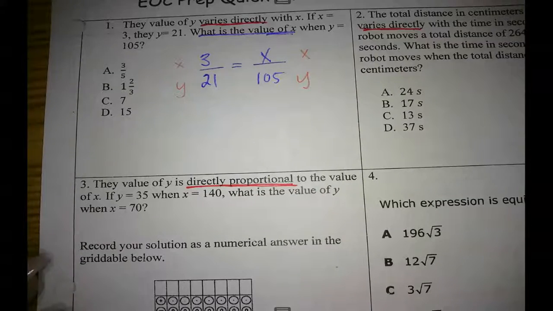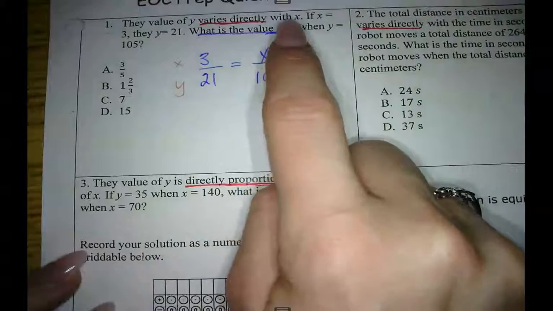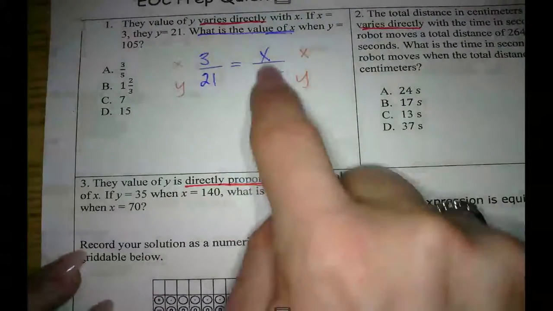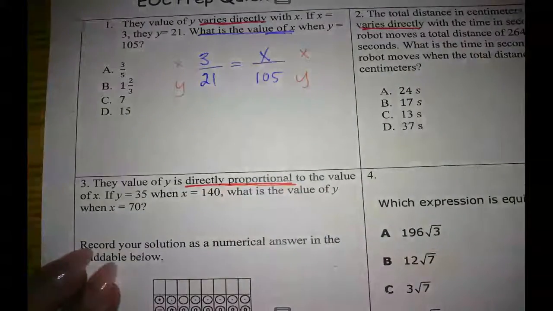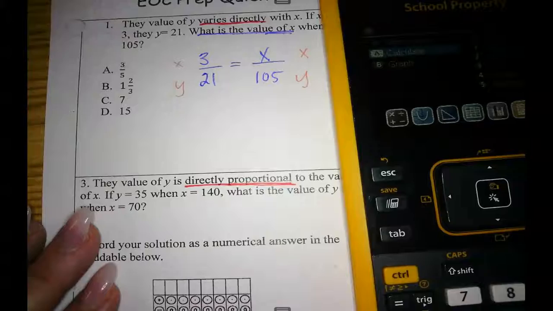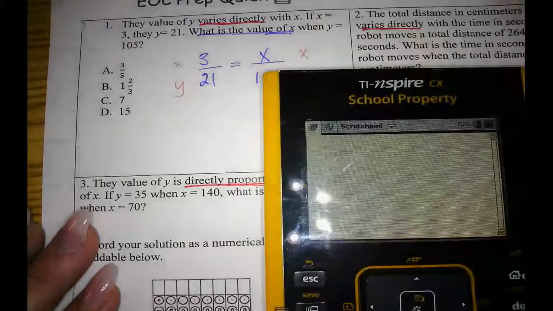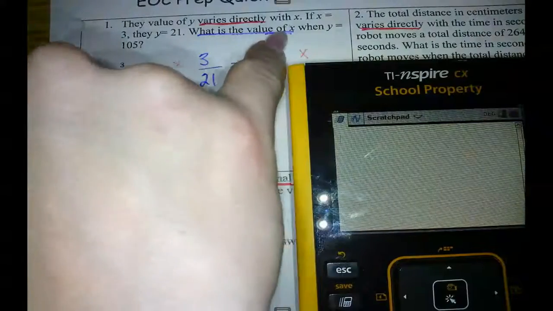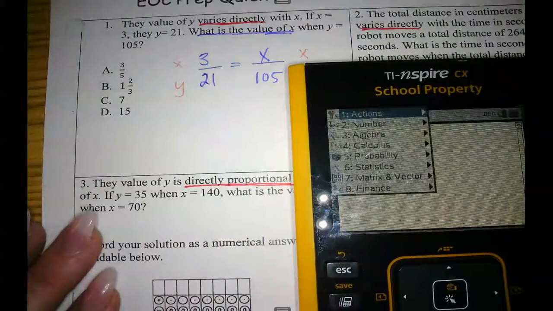It is important to note that I put my x, my unknown, my variable on top because I had my x on top over here. Don't put 105 over x over here if we've got x over y over here. Now I'm coming to my calculator, and I've got 1 equal sign and 1 variable, 1 unknown. So menu 3, 1.